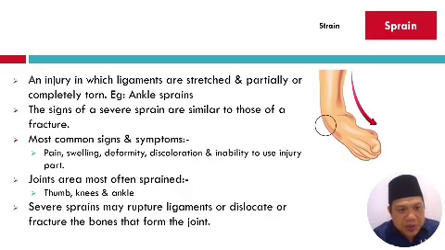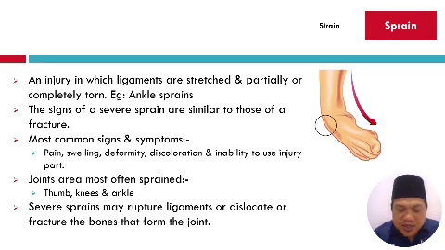Next, we are going to discover sprain. What is sprain? An injury in which ligaments are stretched and partially or completely torn. For example, ankle sprains. The signs of a severe sprain are similar to those of a fracture. Most common signs and symptoms: pain, swelling, deformity, discoloration, and inability to use the injured part.